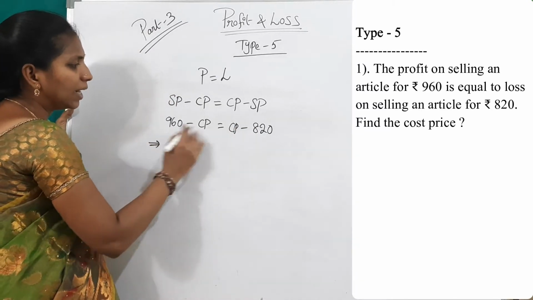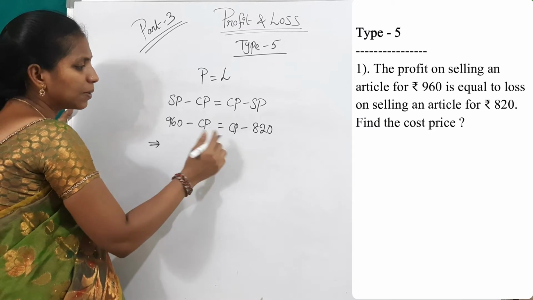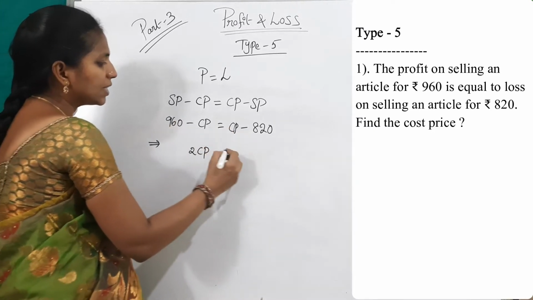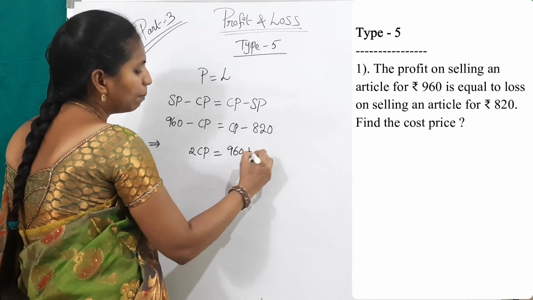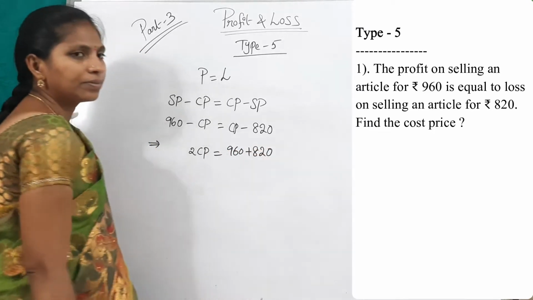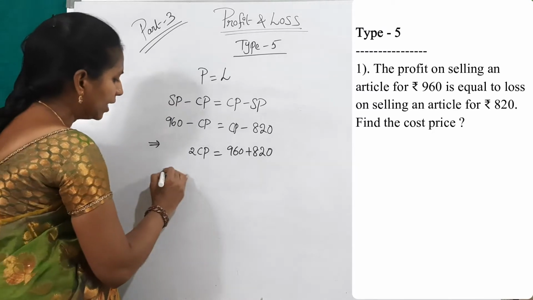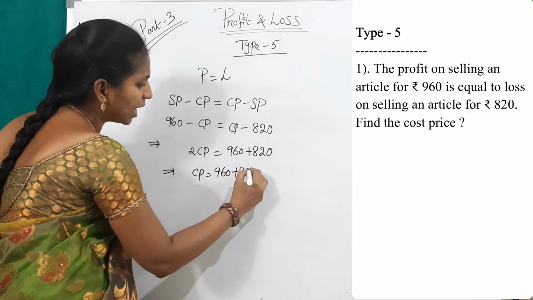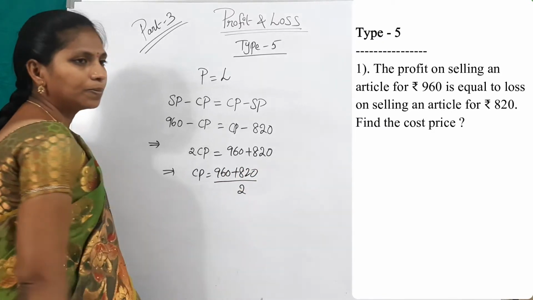Now calculate this one. CP again CP. So 2CP equal to 960 plus 820. That implies CP equal to (960 plus 820) by 2.